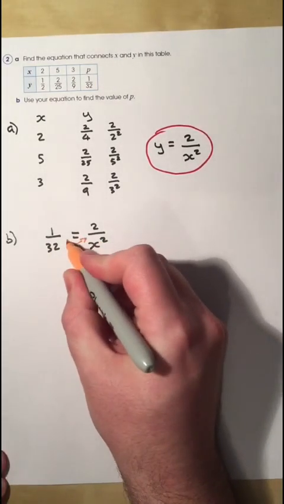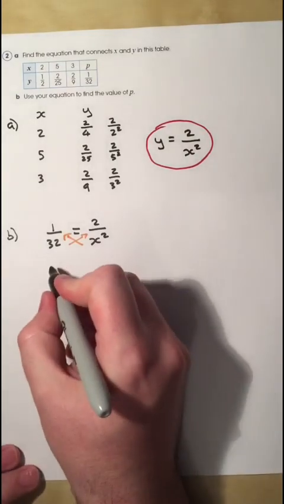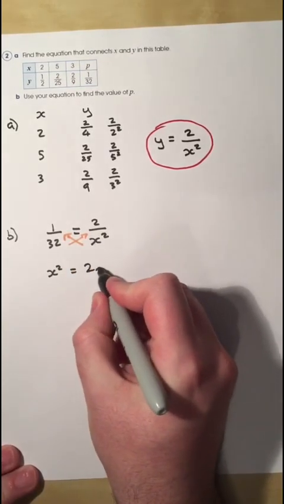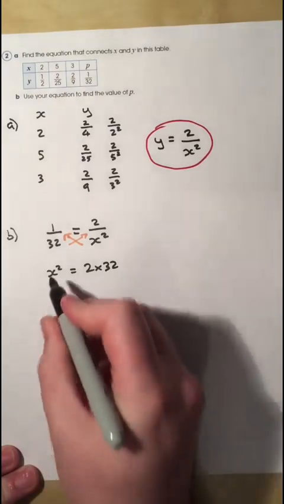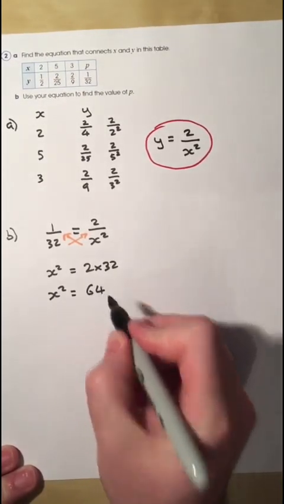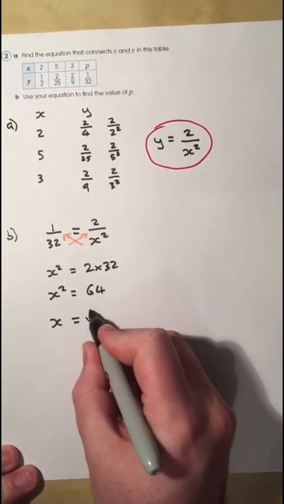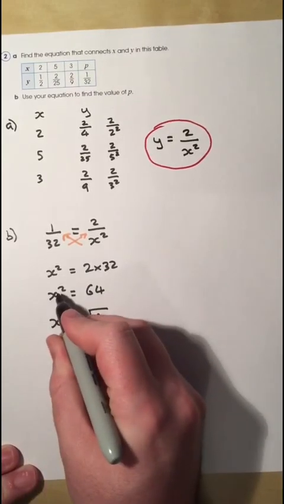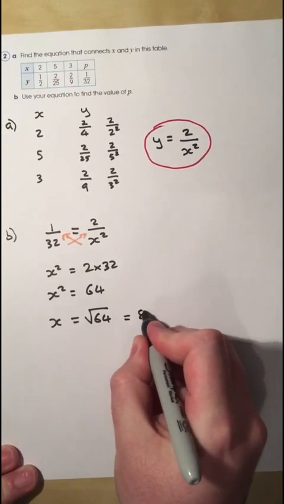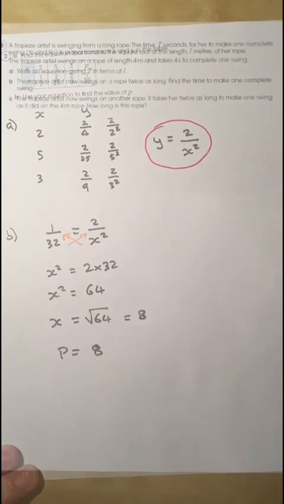We cross multiply. In this case, 1 times x squared is x squared. That 32 goes over that side and becomes 2 times 32. So x squared equals 64. To find the value of x, we simply square root both sides. So the square root of x squared is x, and square root of 64 is 8. So my value of p equals 8.